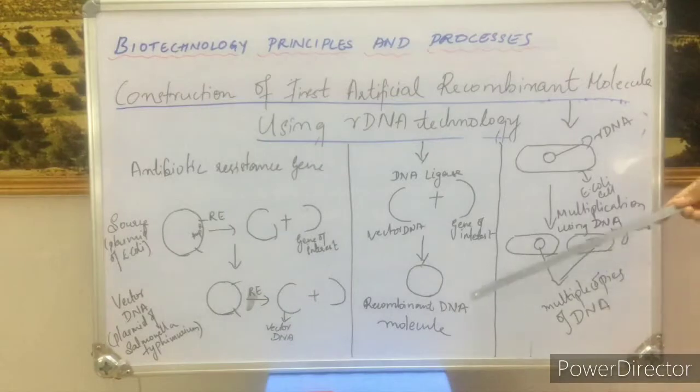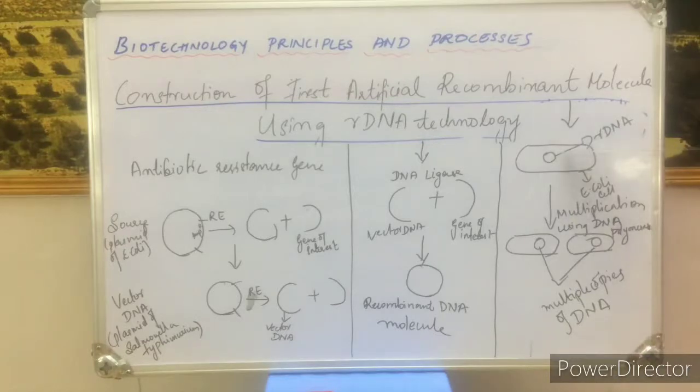So now the introduction of this recombinant DNA has to be done into another host cell. So here the host cell used is E. coli cells. Escherichia coli cells are used as host cells wherein the recombinant DNA can multiply.